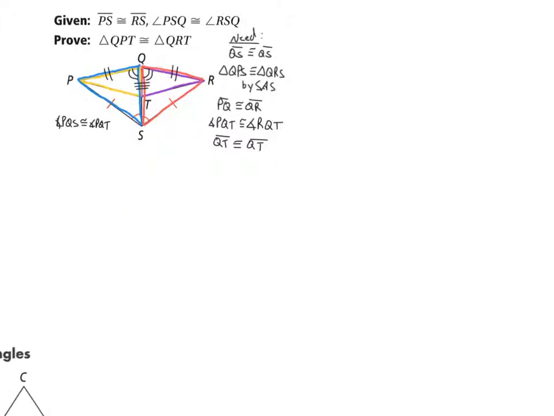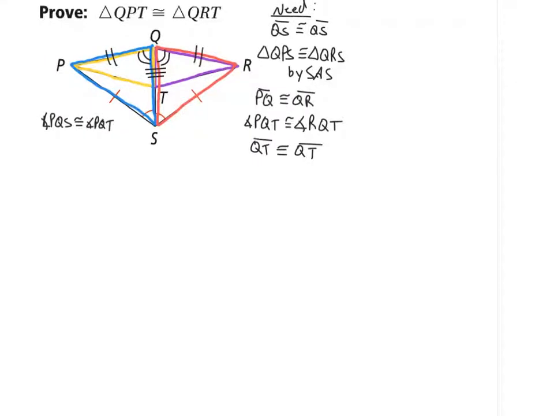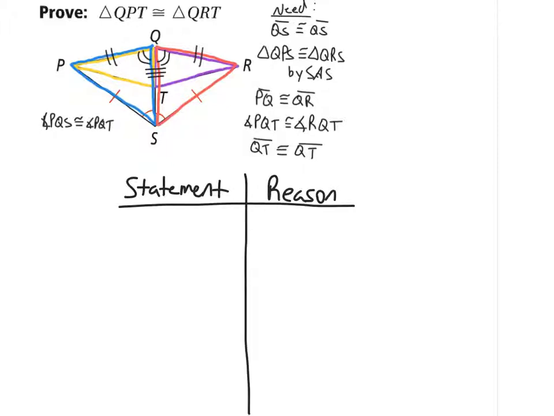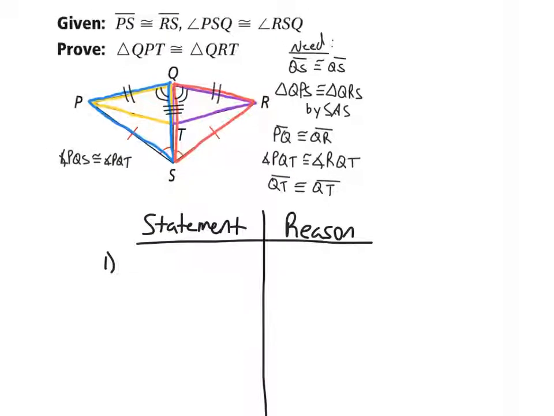Now that we have a plan for our proof, we want to actually write our proof. This proof is going to be far too complex to do as a flow chart, so we're definitely going to want to use a 2-column format. So we need statements and reasons. Our first statement is our givens.